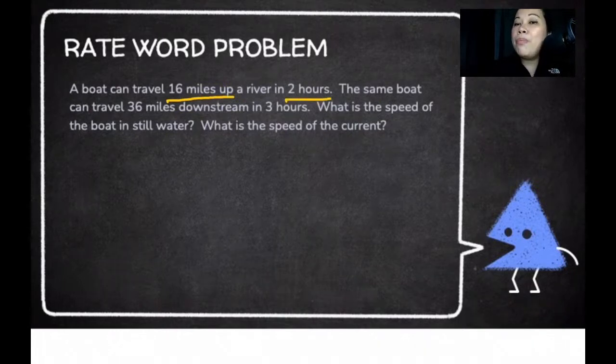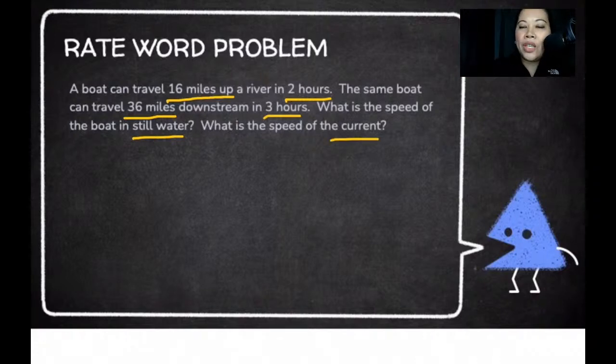The same boat can travel 36 miles downstream in 3 hours. What is the speed of the boat in still water? When we say still water, that means there is no current. So what is the speed of the current?